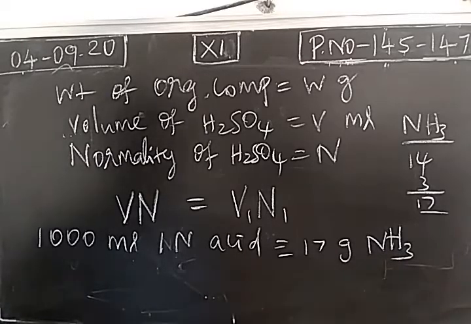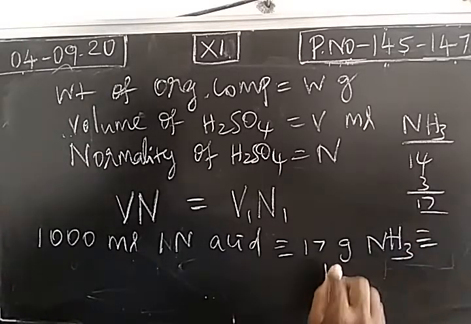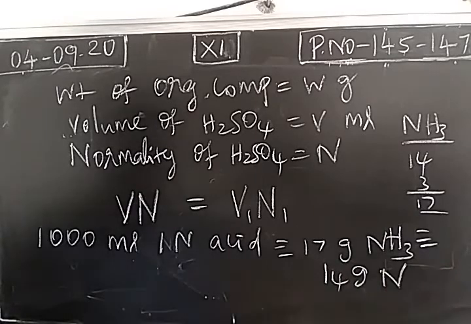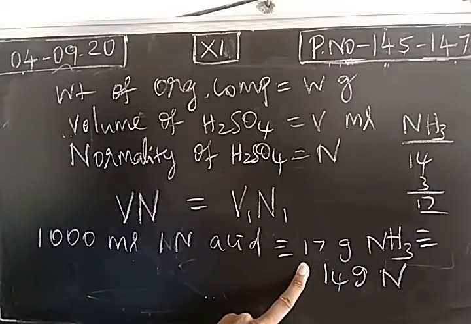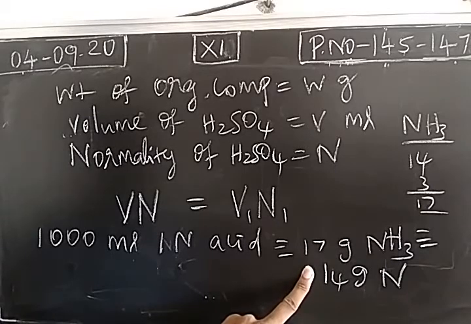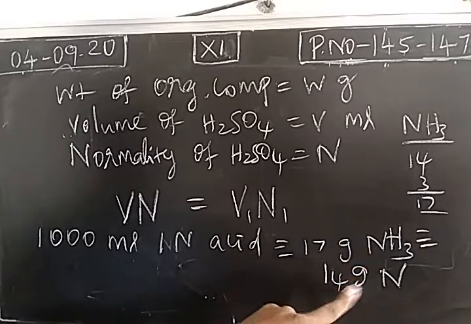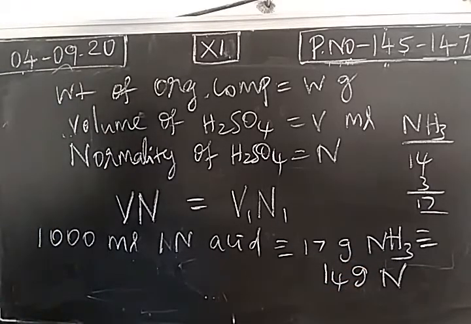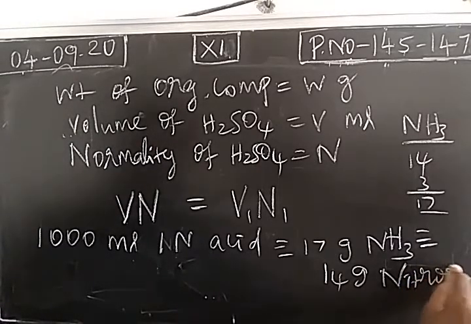So 17 gram ammonia is nothing but what? It contains 14 gram nitrogen. So 1 liter of 1 normal acid is nothing but 1 mole ammonia. 1 mole means molecular mass of ammonia, 17 gram. So 17 gram of ammonia contains 14 gram nitrogen. Okay, 14 gram nitrogen.